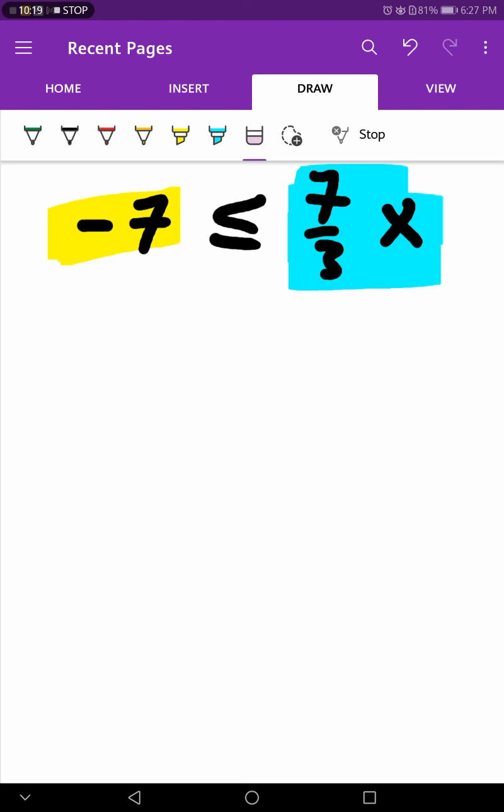So if the coefficient of x is a fraction, to eliminate it, you multiply by the reciprocal of it. Yes, as we did, 3/7.